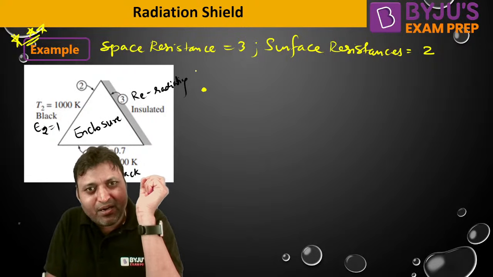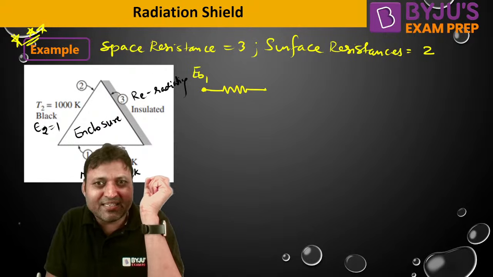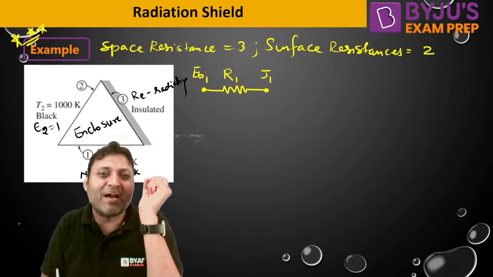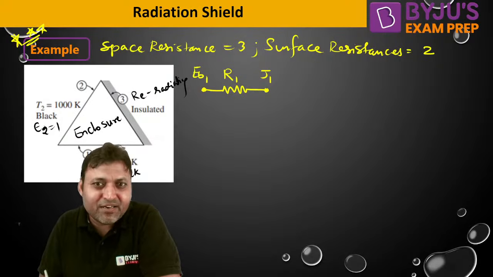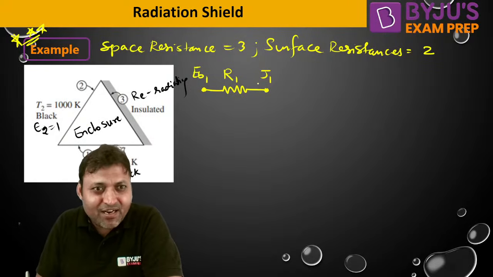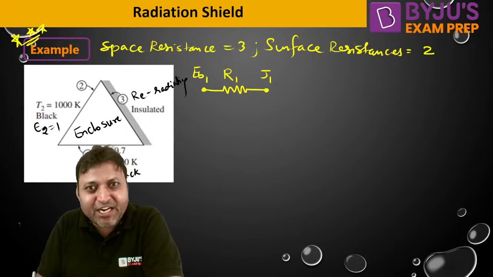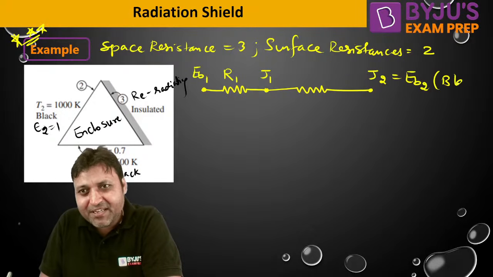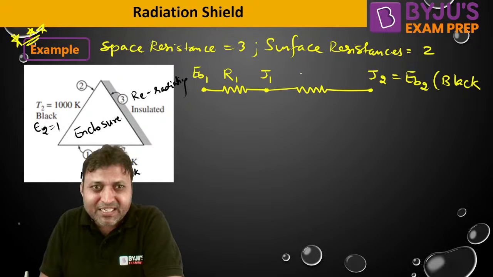This is EB1. Then one resistance, this is J1 because it is non-black. This is R1, where R1 is equal to (1 minus epsilon 1) upon epsilon 1 A1. Then between J1 and J2, this is J2, that is EB2 because it is a black surface. This is R1 to 2.